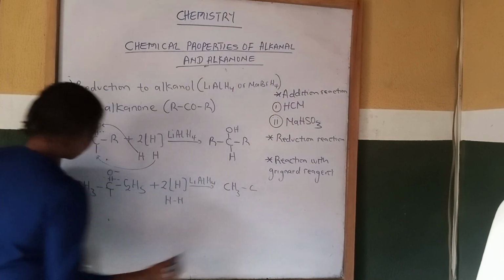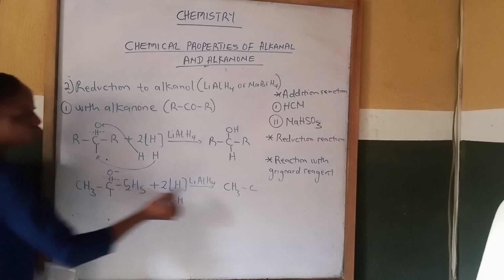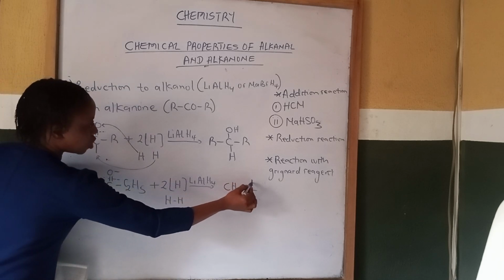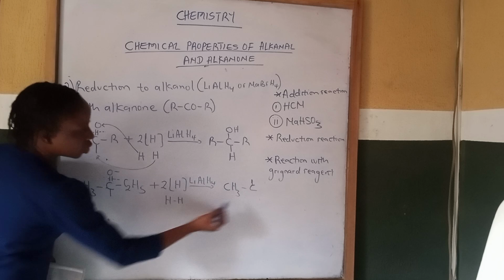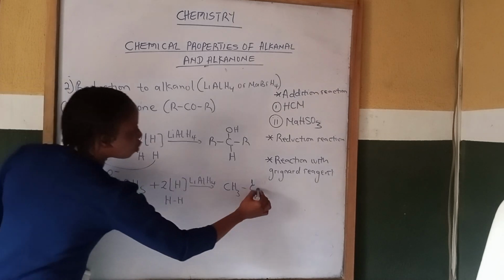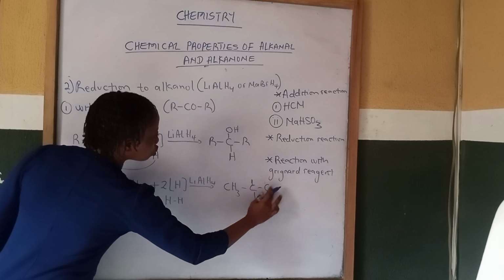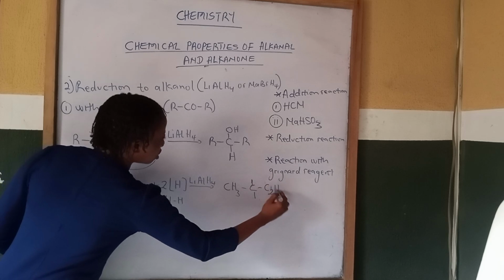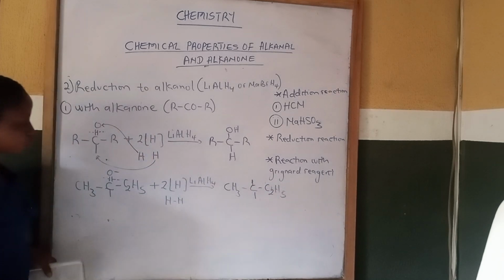So therefore, we are going to have CH3, C. Then the double bond has broken, so this one will remain only one bond. Then the second bond will come down, followed by C2H5.